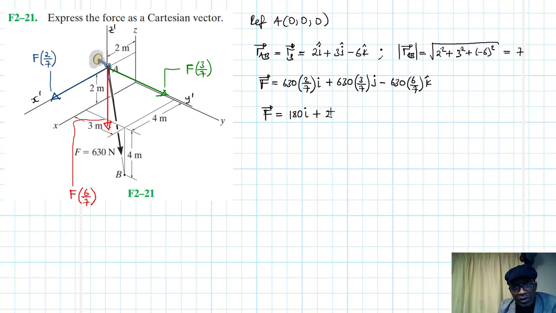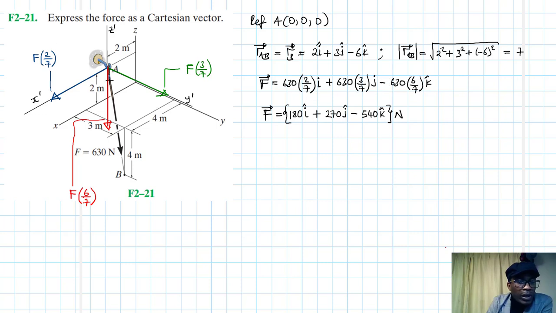This is a 270 j, and then 630 by 6 divided by 7. This is 540 k. And the units for this is newtons. Alright, so what we found is a similar thing. So you can think of these as unit vectors. These are all unit vectors here, right?